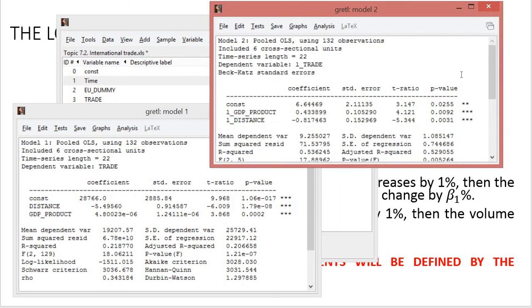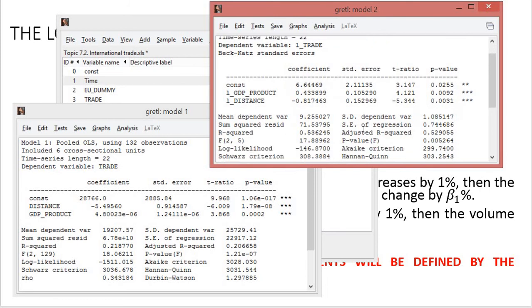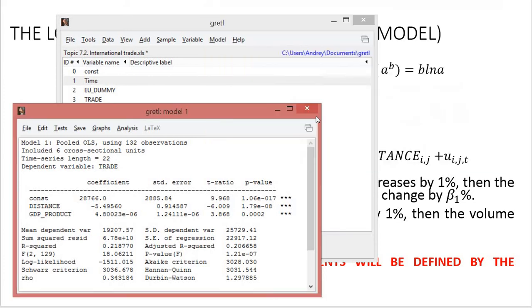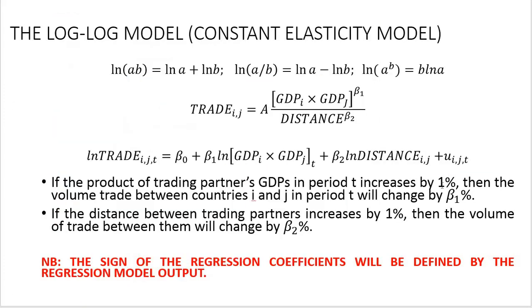Both of those models are not very good. Very few variables are included, and the sample is rather small, but this is just for the sake of training. That's why it's not really possible to see any reason why you should use a log-log model instead of a linear model in this case. So probably in our case the only explanation is that economic theory tells you to do so.